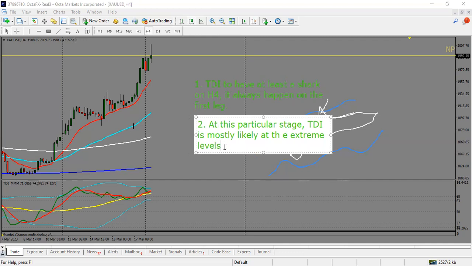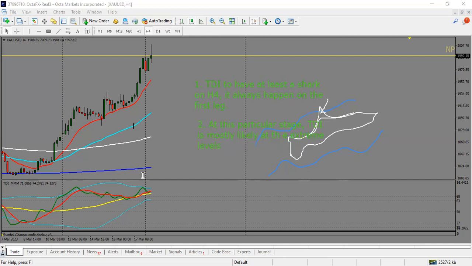I agree. So at this particular point, TDI is most likely at the extreme levels.